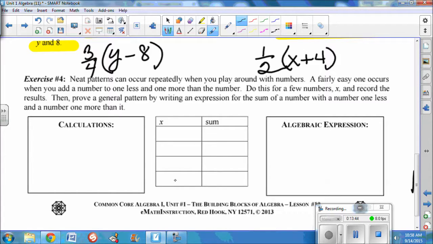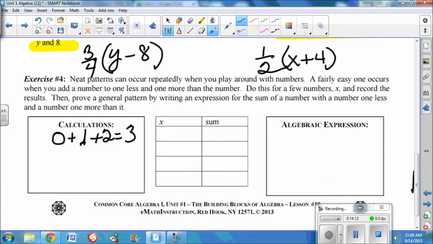So some number. Okay, so I'm going to start out with something pretty basic, and I'm going to say, okay, number 1. And we add a number 1 less than it, which would be 0, and a number 1 more than it, and we add those two, we get 3. Okay, pretty basic.